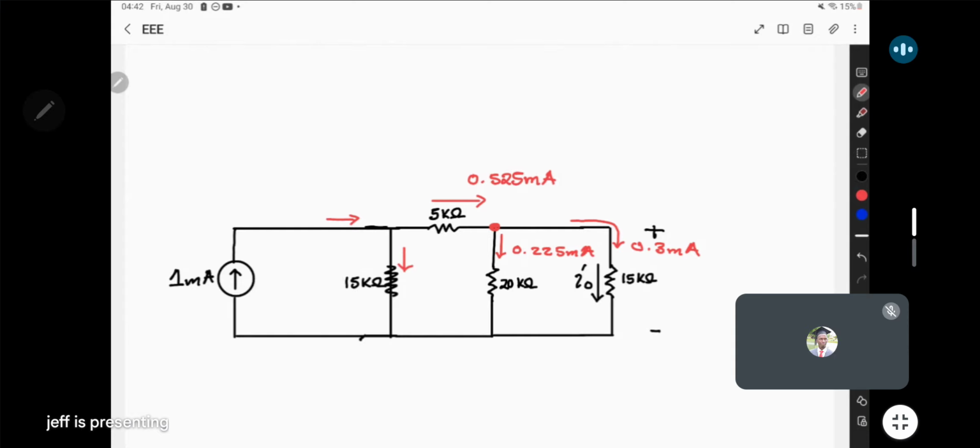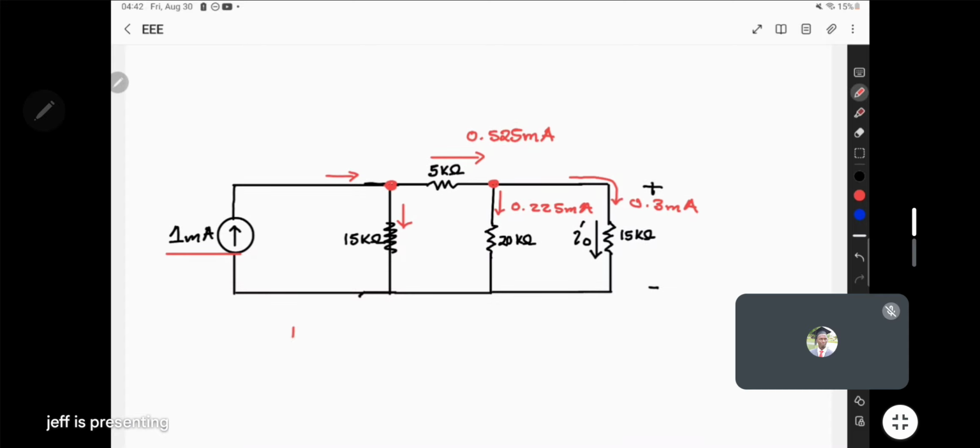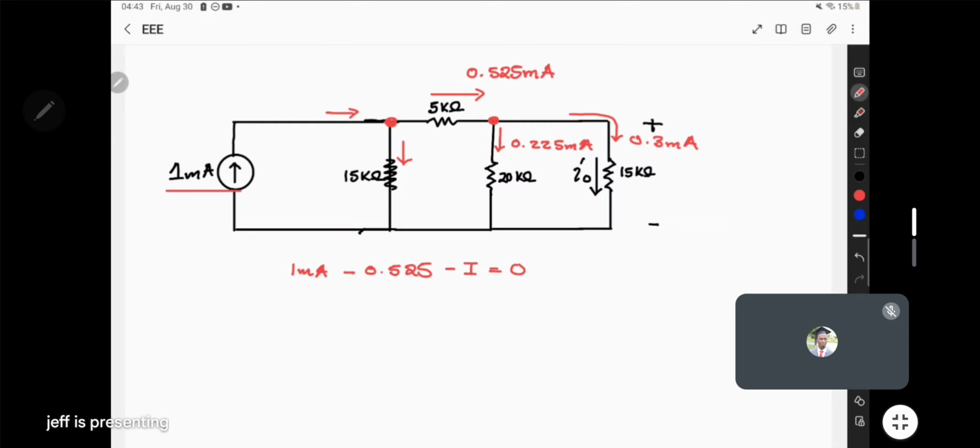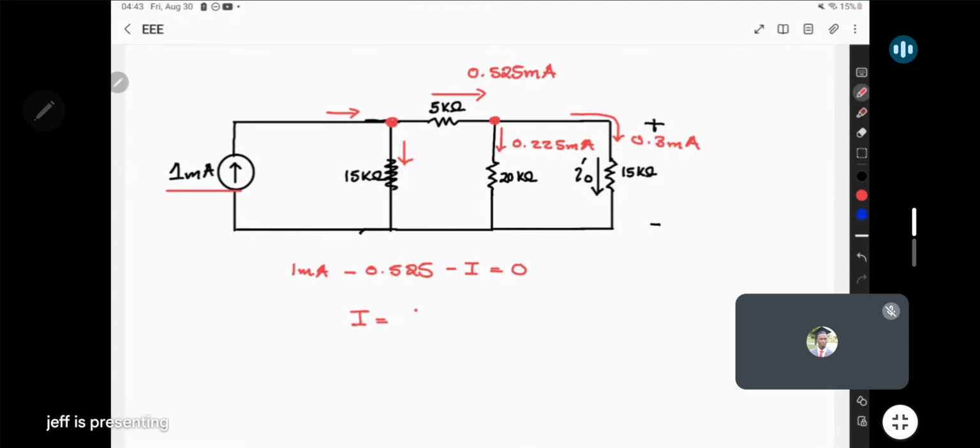According to what we have here with the 1 milliamp supply, it implies that the current entering this junction is 1 milliamp. 1 milliamp enters. Leaving, we have the 0.525 leaving. Then here also we have something leaving. We don't know what exactly, so let's label it as I. So that in the end, with I going to the right becoming positive, we now have 1 minus 0.525.